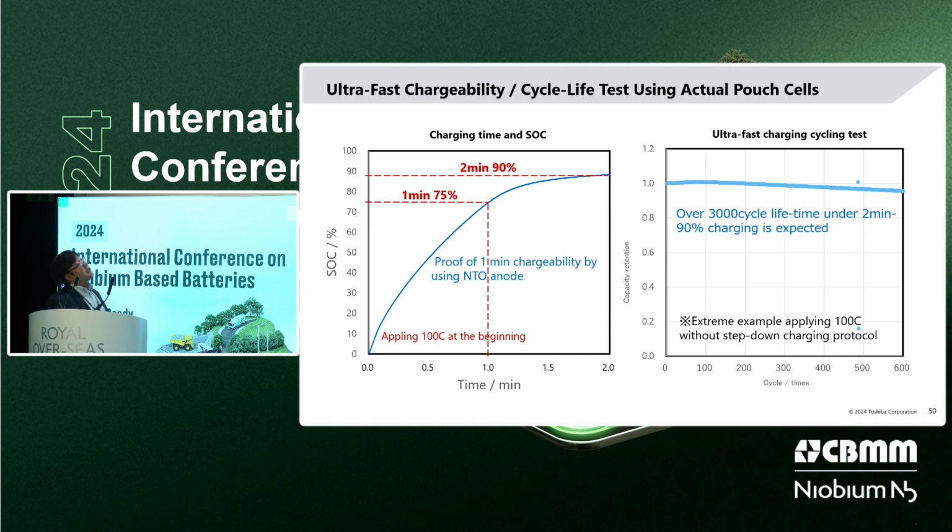And we also checked the ultra-fast charging cycle stability, and over 3,000 cycle lifetime could be expected even under the 2 minutes 90% charging condition. And this is an extreme example, applying 100C without any step-down charging protocol. So we believe that this cycle life could be improved by using sufficient charging protocols.